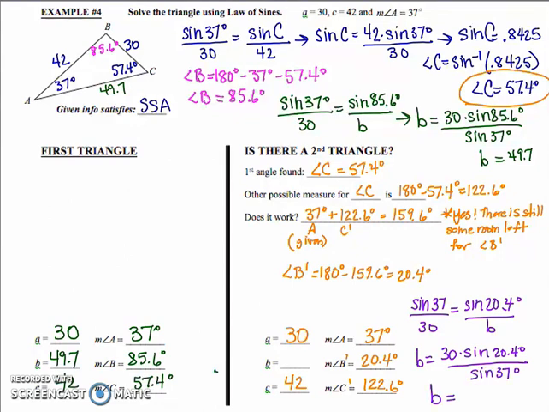Grab your calculator, make sure you're in degree mode, and you should get that side B is equal to 17.4. And so we have just found the information for the second possible triangle.